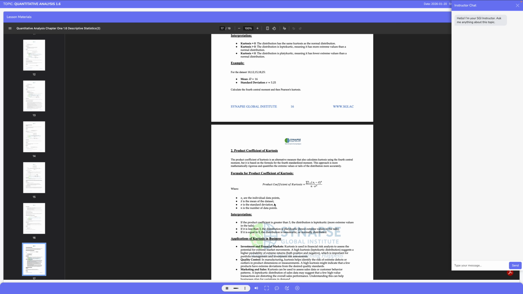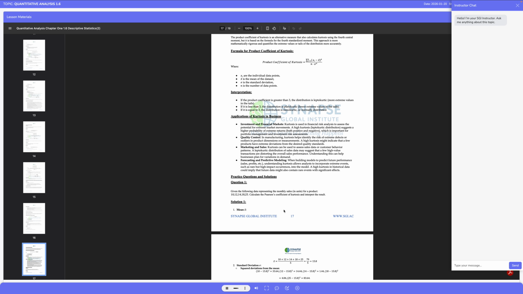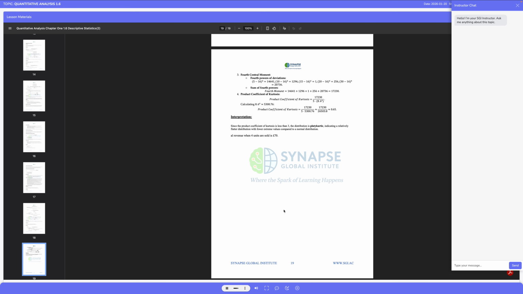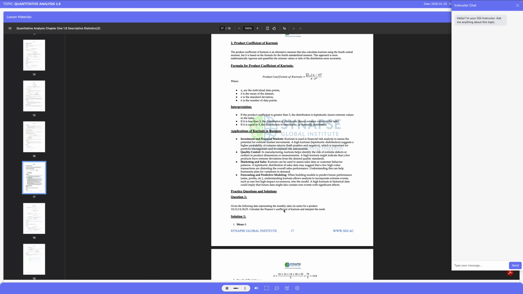We now turn to the product coefficient of kurtosis. The product coefficient of kurtosis is another measure based on the fourth central moment, but unlike Pearson's coefficient, it does not subtract 3 from the final result.